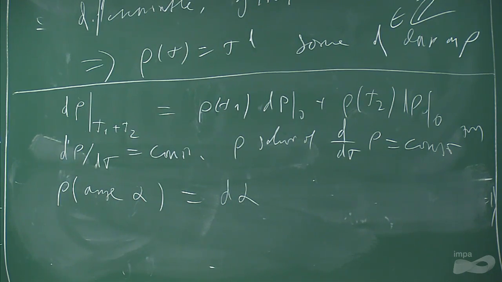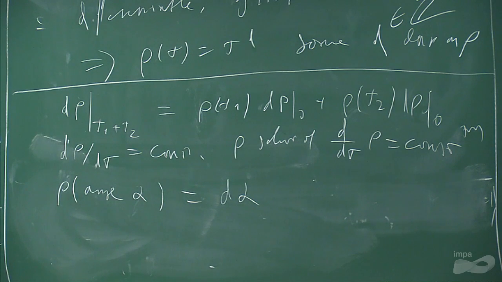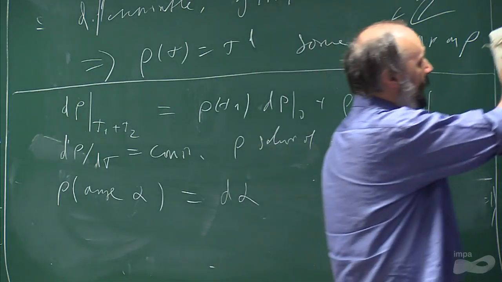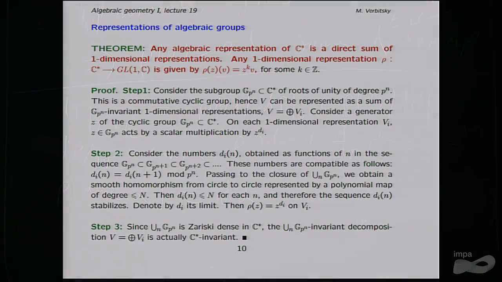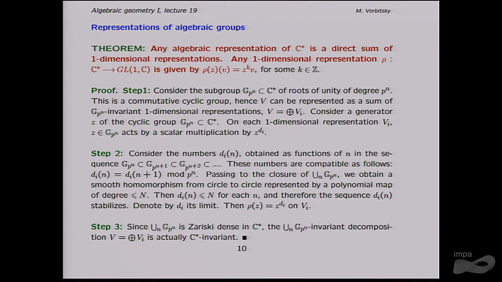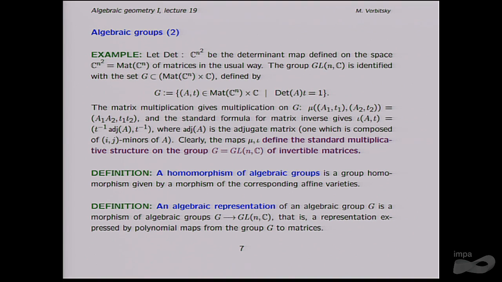Anyway, what I wanted is in fact a sort of similar theorem, but for C star. And then for any C star action on, what is the representation? There was a definition of representation here. I forgot to tell you, but it is obvious.